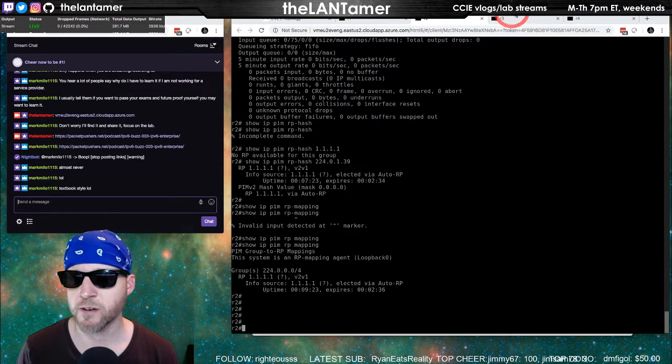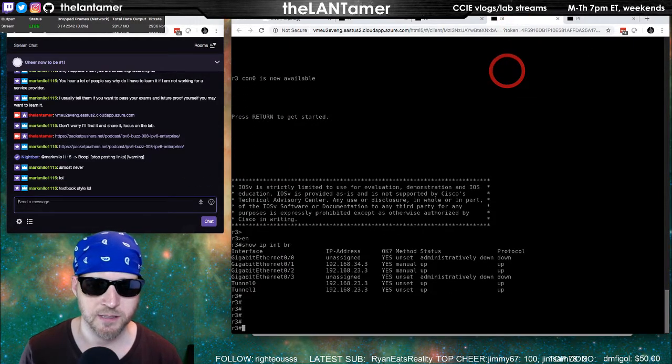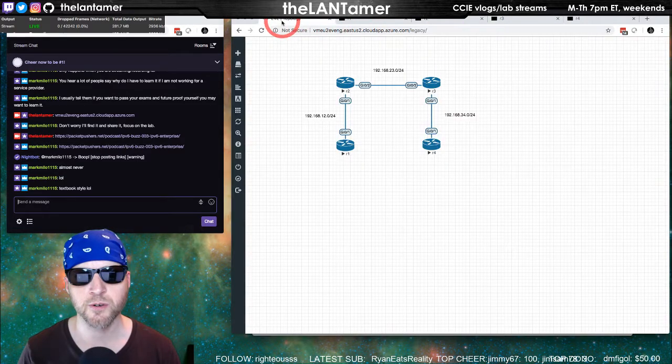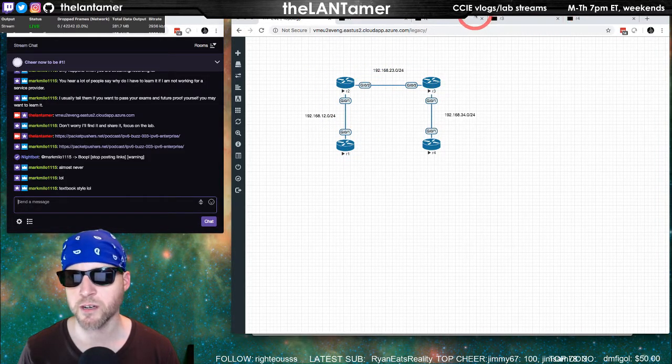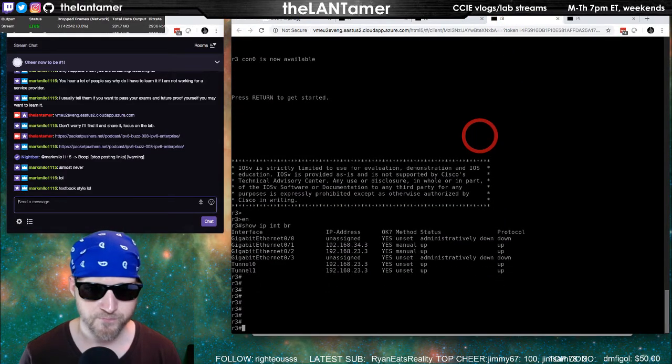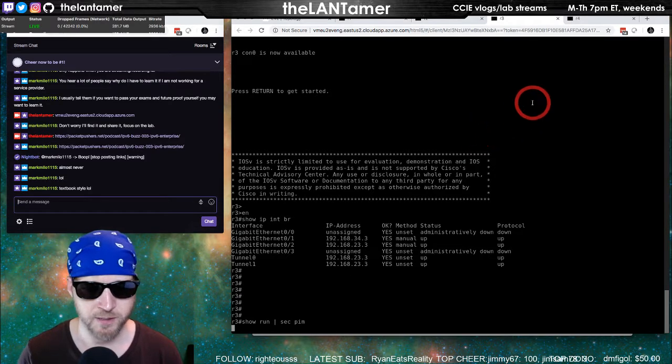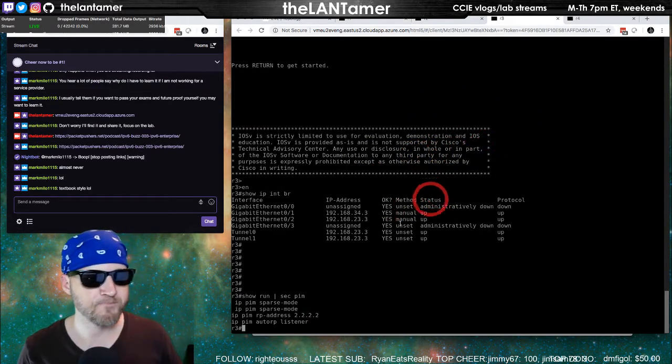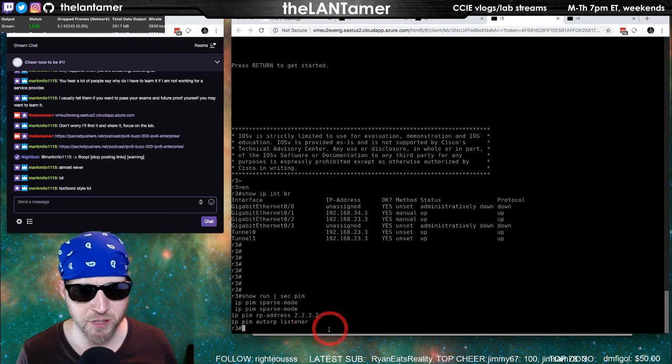Okay, now let's look at router 3. Now, should router 3 know about the RP server? It should, because we have that command running, right? The auto RP listener, which is global mode.